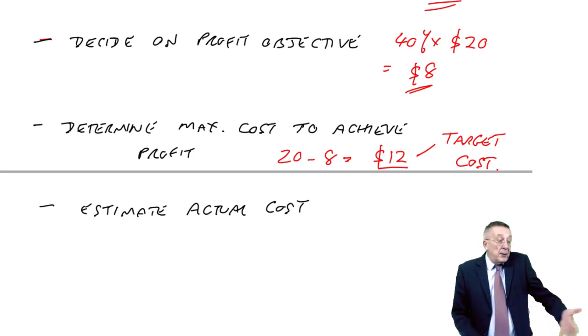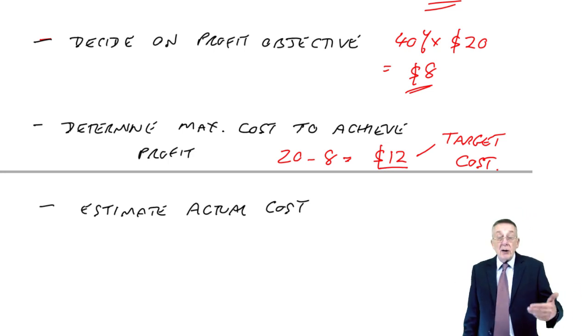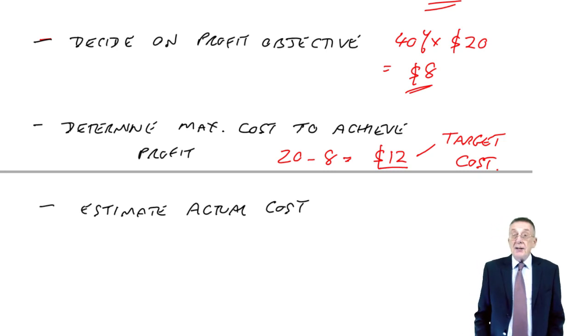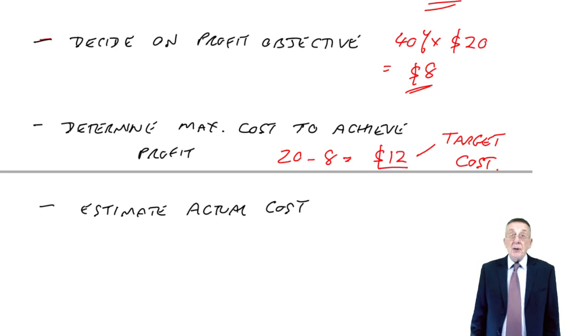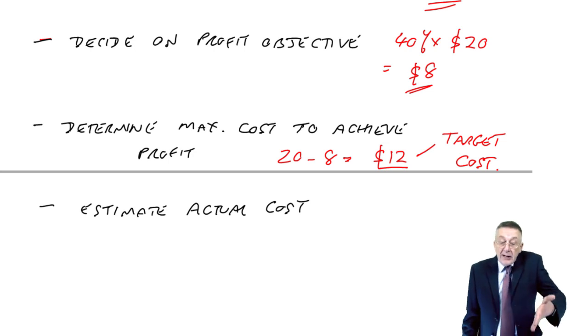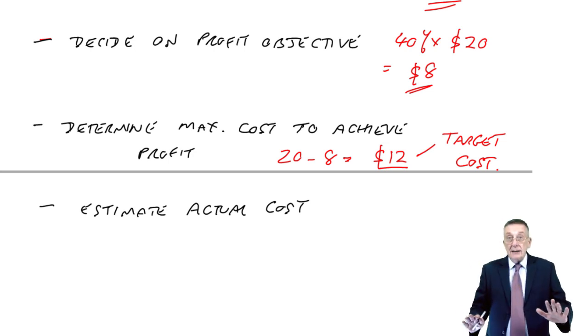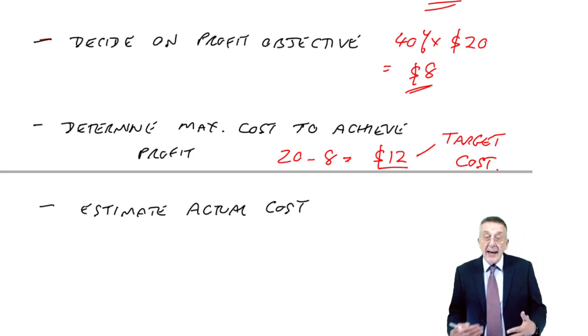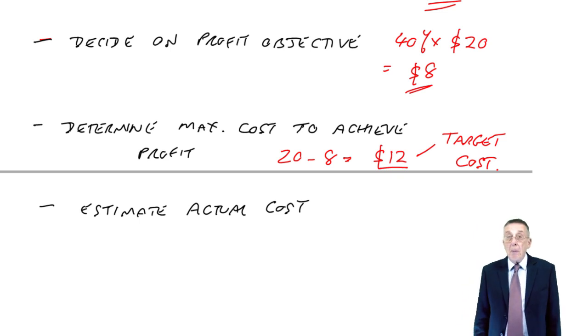We do our costings. Maybe we'll use activity-based costing, as I went through in the previous lecture. But we do our costings and estimate what the cost per unit is going to be. If it's less than $12, great.